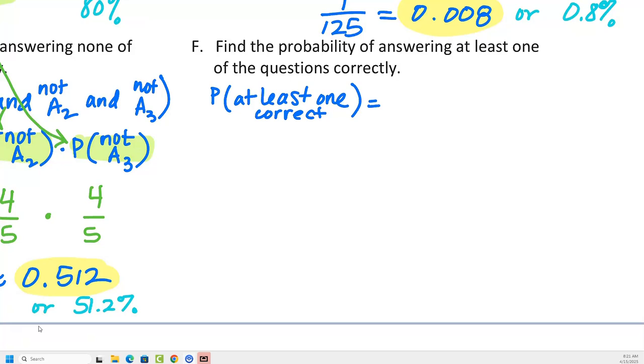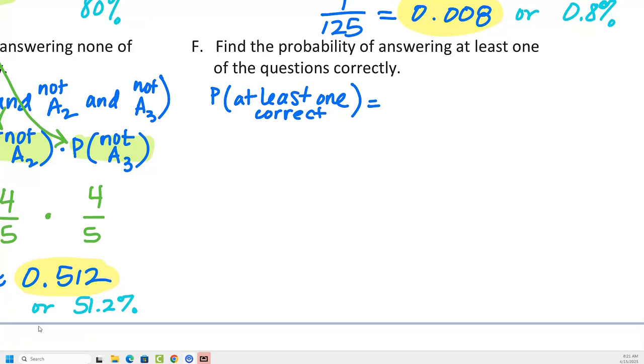Well, the probability of at least one, that means of the 3 questions, you get 1 correct, or you get 2 correct, or you get all 3 correct, right? Which situation is it leaving out if you have at least 1 correct? Getting the other 2 wrong?